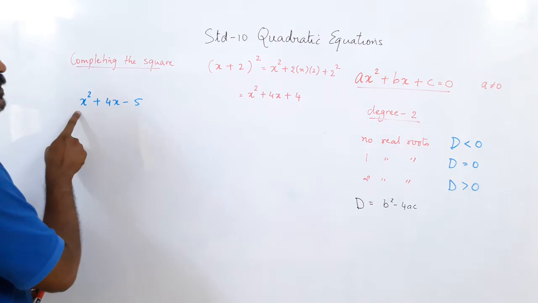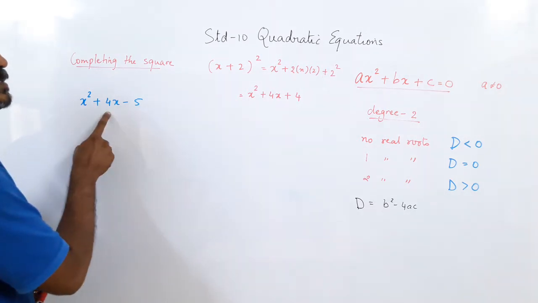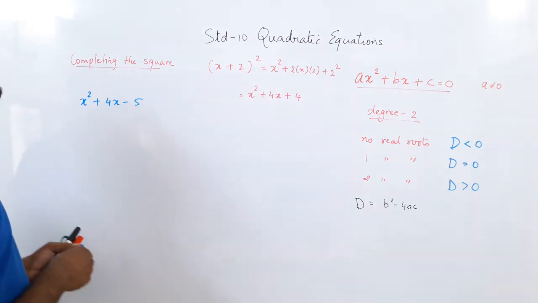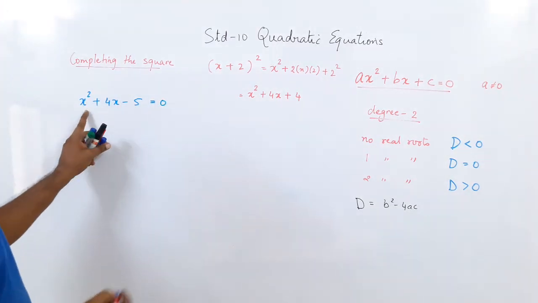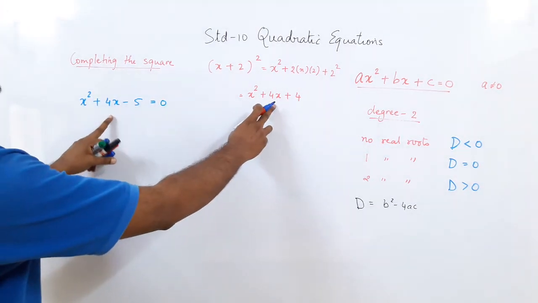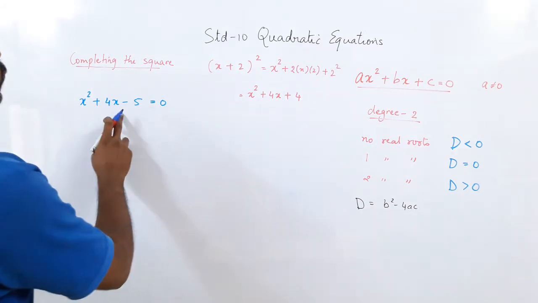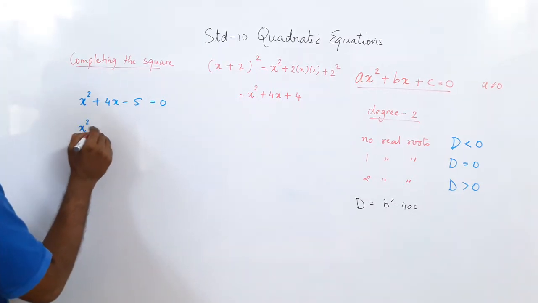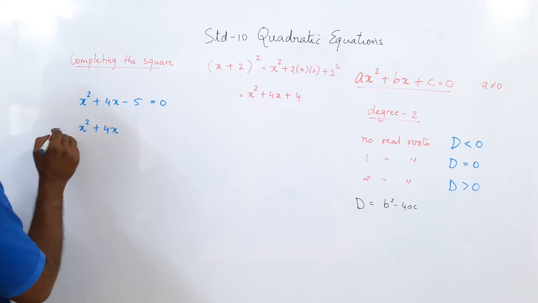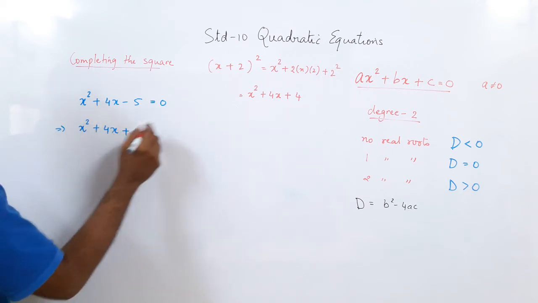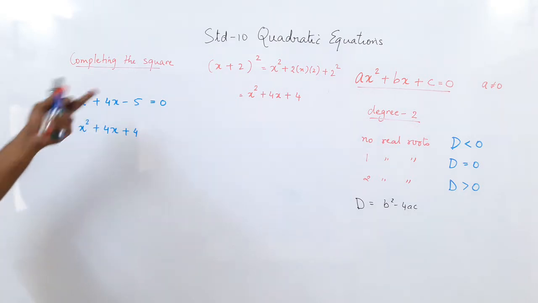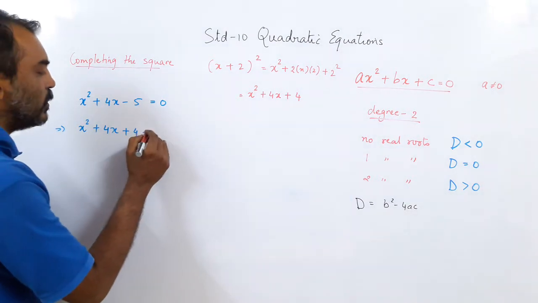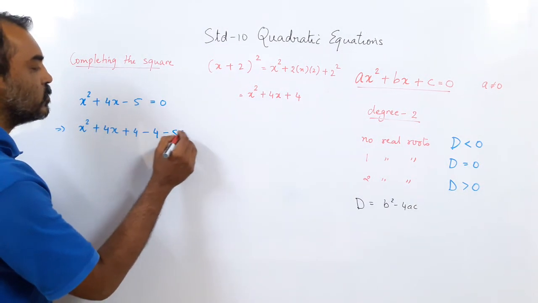The first term is the same, the second term is the same, the third term is not the same. I want to make this a perfect square, so I will write x square plus 4x plus 4. So I put a plus 4 here. By putting a plus 4 here, I have changed the value of the equation. To keep it the same, I have to put a minus 4 also.